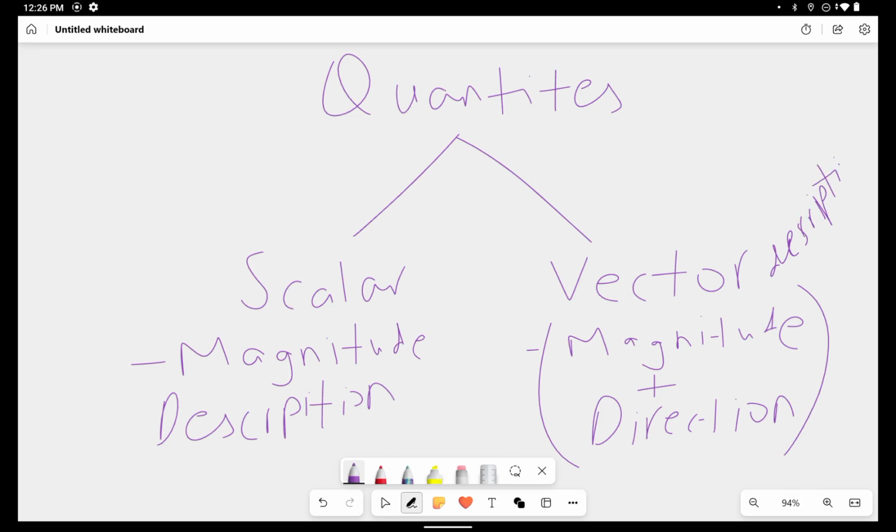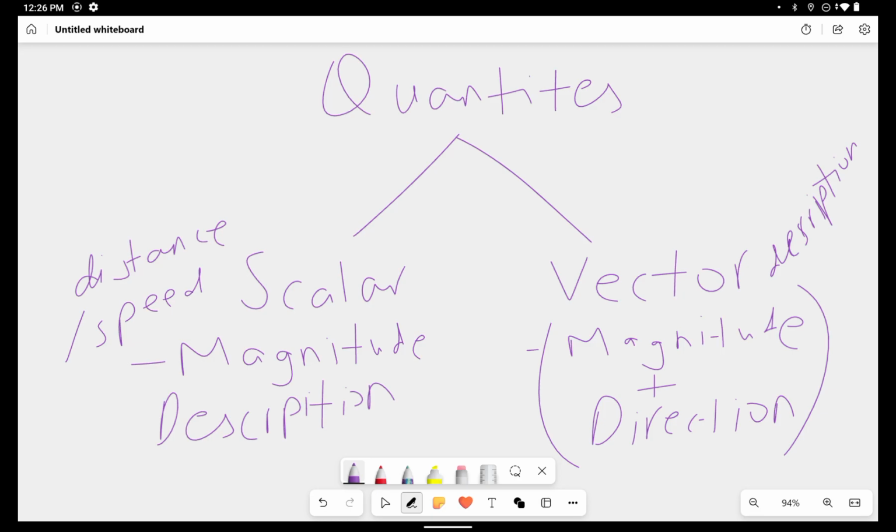As an example, normally you would take a scalar to be distance or speed. Distance or speed are considered scalar quantities. So let's say we travel a distance of 5 meters. We don't associate any direction with that. We just say 5 meters.